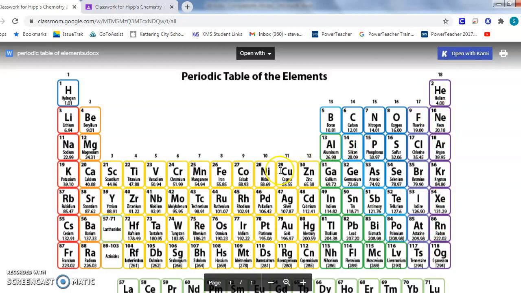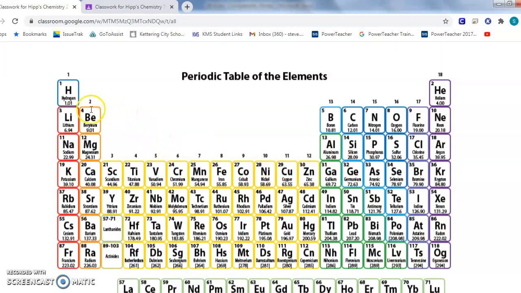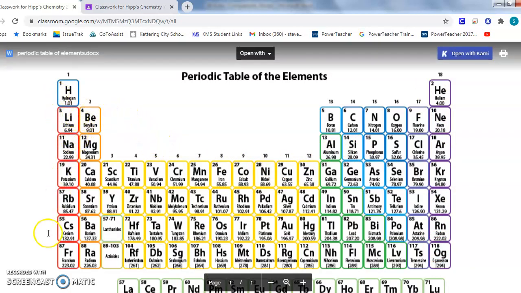They are all stable. If we notice something, we looked at this family right here, the Roman 1, or group 1. They wanted to lose 1. This family right here, we saw that they wanted to gain 2. The elements here all need to lose 2. This family here needs to lose 1 to get like the noble gases.